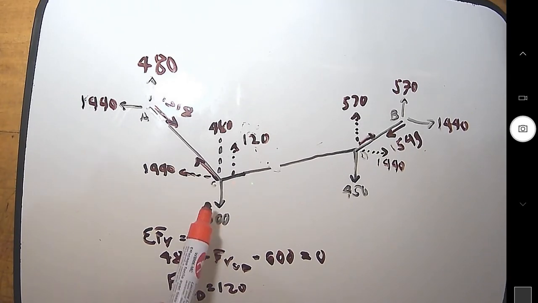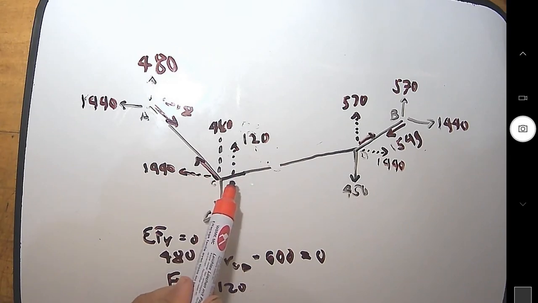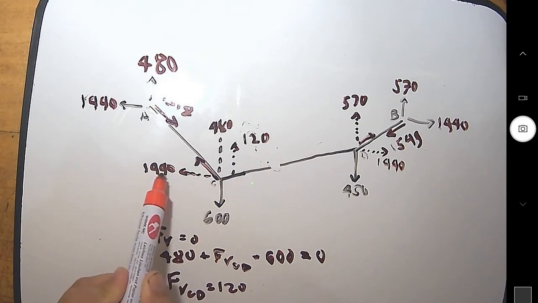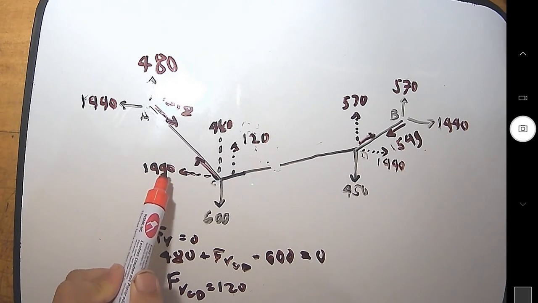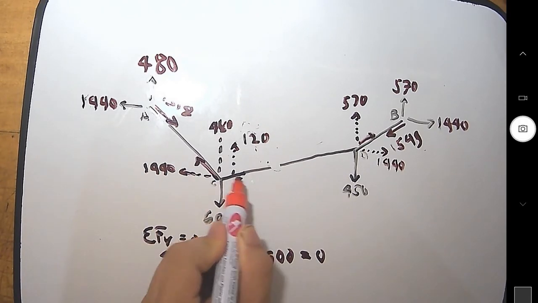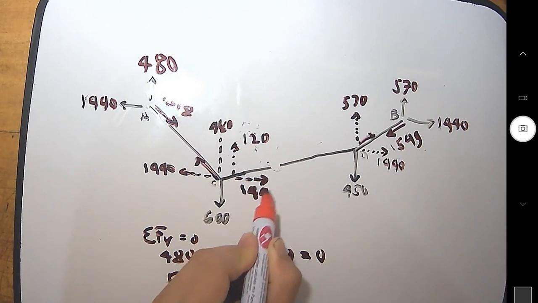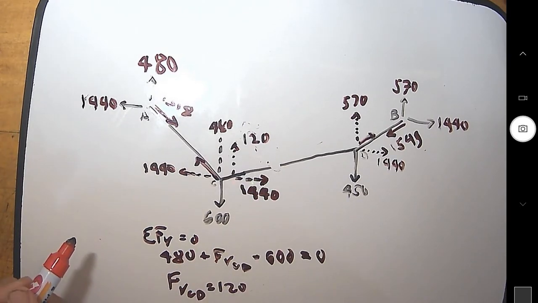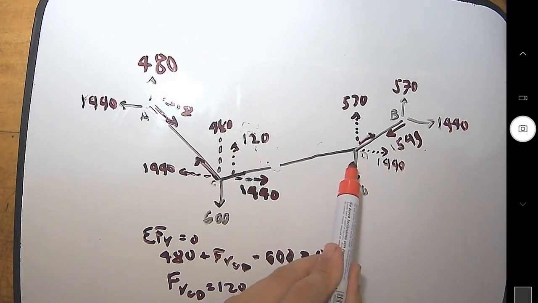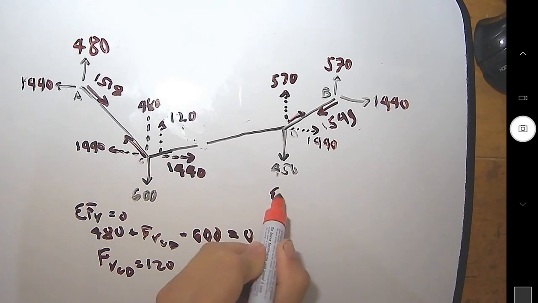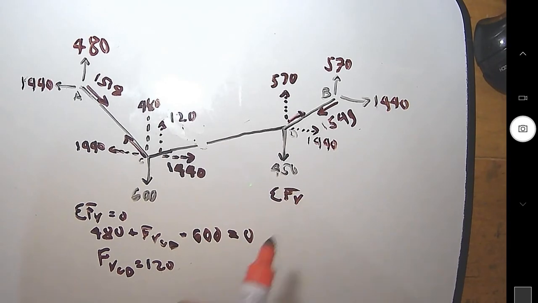Next, summation forces horizontal at point C is equal to 0. So, si 1440, wala na siyang kakontra. So, obviously, this is the same as 1440. Okay, next. Punta tayo ngayon dito sa point D. Summation forces vertical at DC is equal to 0.